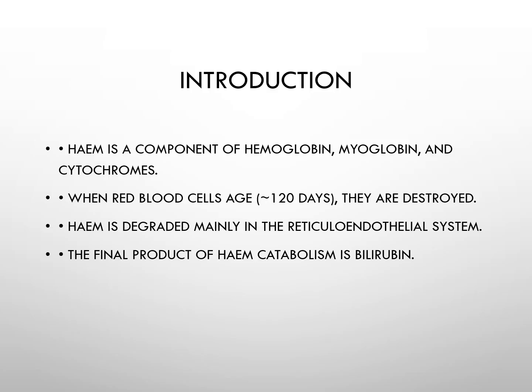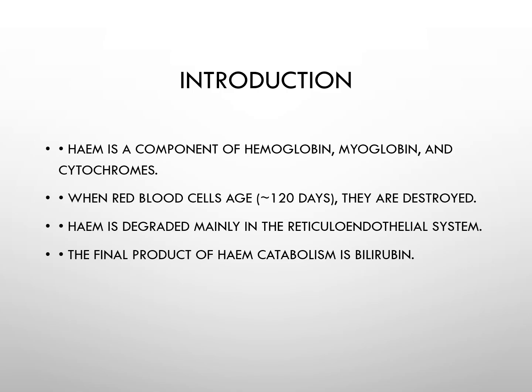Basically, when normal red blood cells are produced into the circulation, they have a lifespan of 120 days. After the 120 days, they are destroyed or broken down, and the product formed as a result of the destruction is hemoglobin.